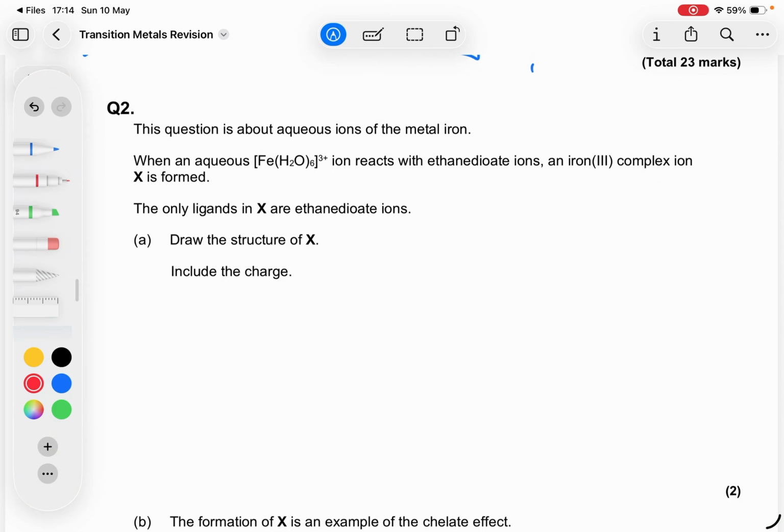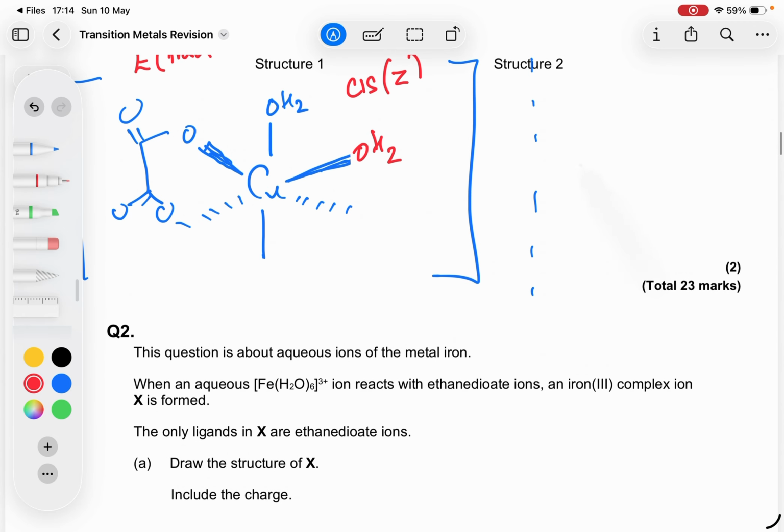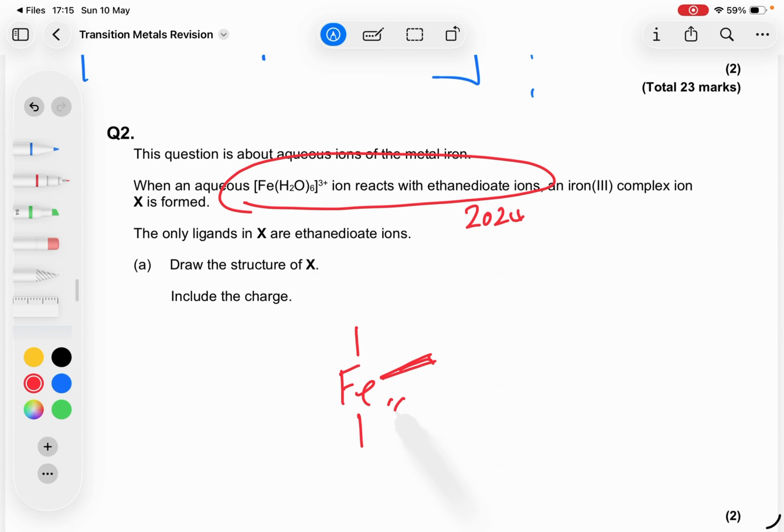And if you see a repetition, the question we've just done, this shape here, is from a 2025 paper. This one's from 2024, and it's asking you for that. Again, same procedure, and you draw your oxalate.